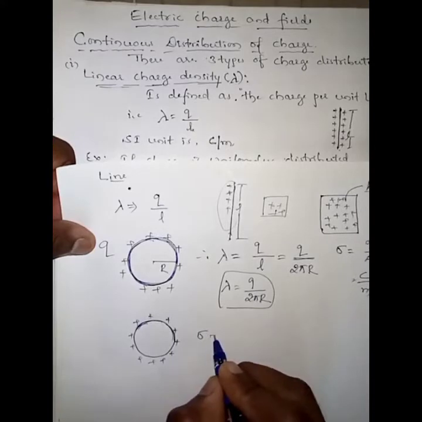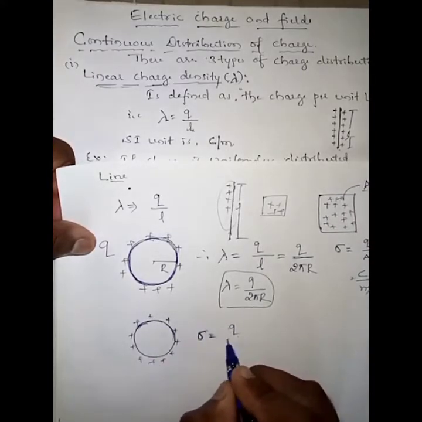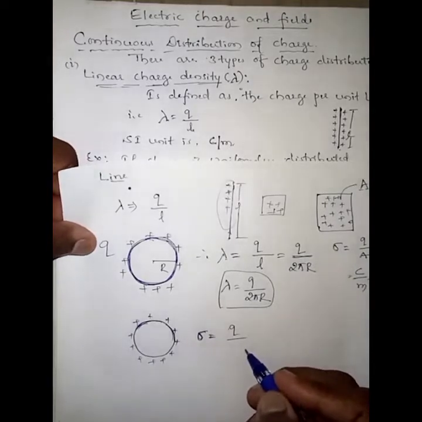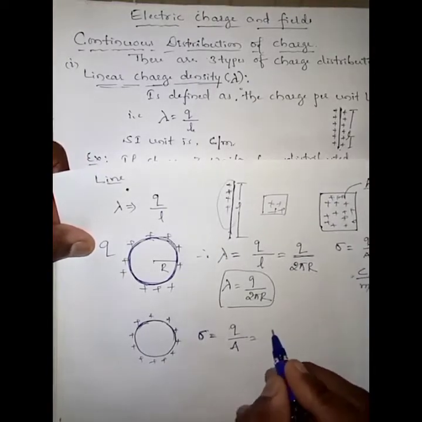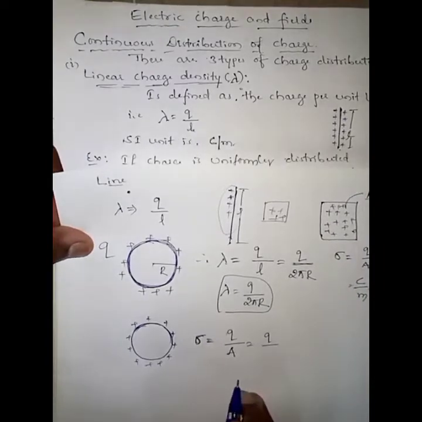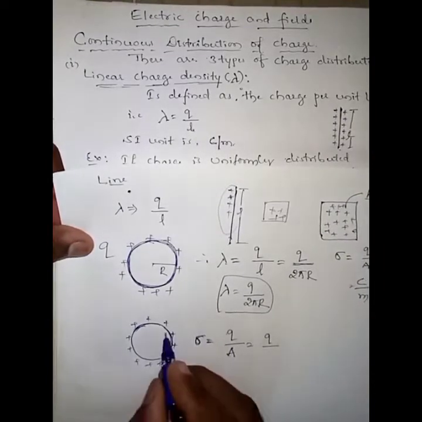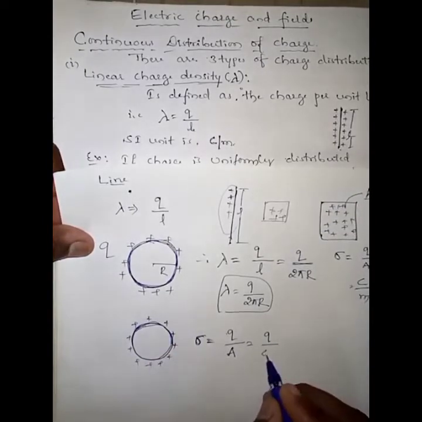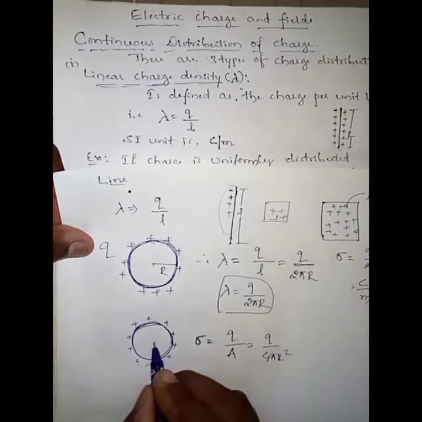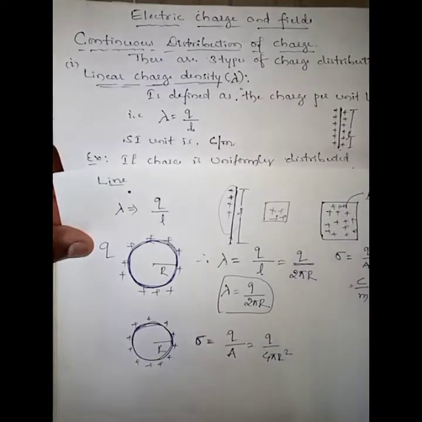Now how do we define the surface charge density? Sigma is equal to the total charge Q divided by the total area A. What is the area of the sphere? It is 4 pi r square, where r is the radius of the sphere.